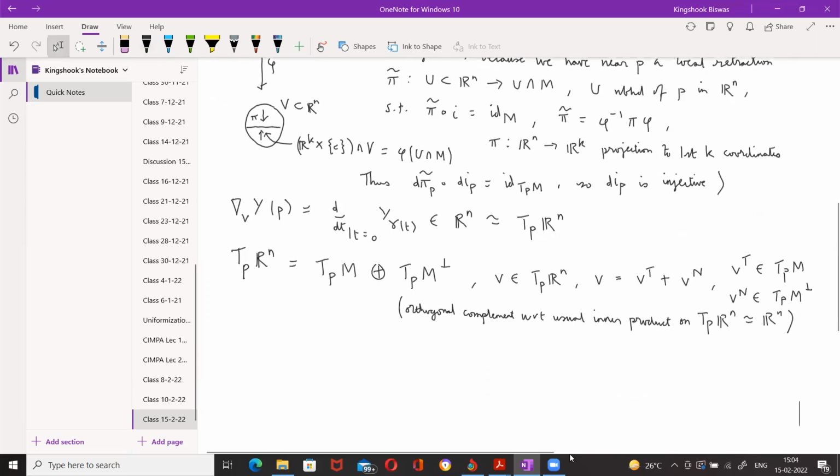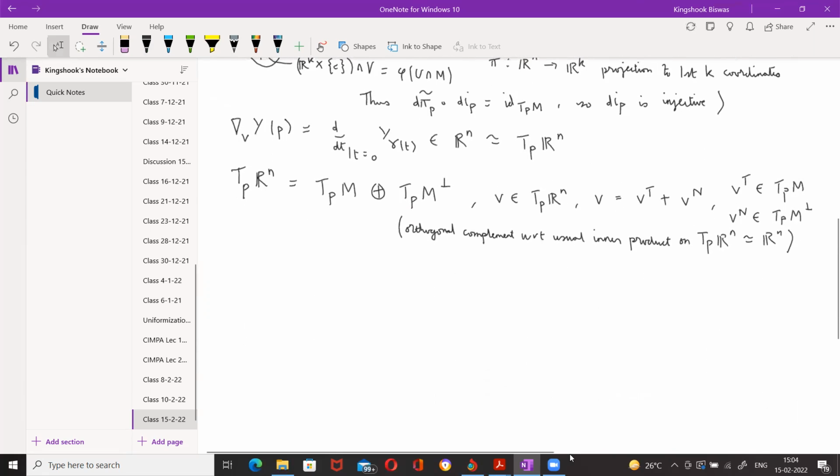Right, so here is T_P M, which is a subspace of R^n, and we have a vector V, and there's a tangential component and there's a normal component.